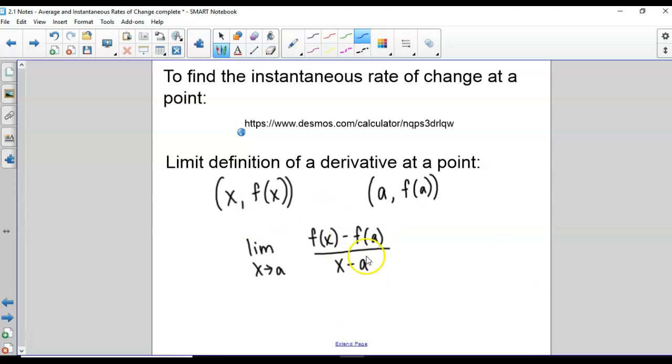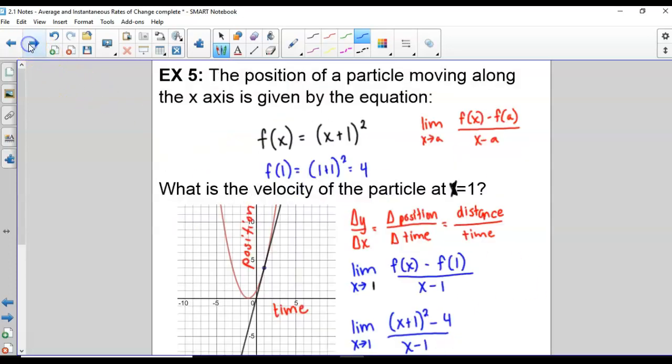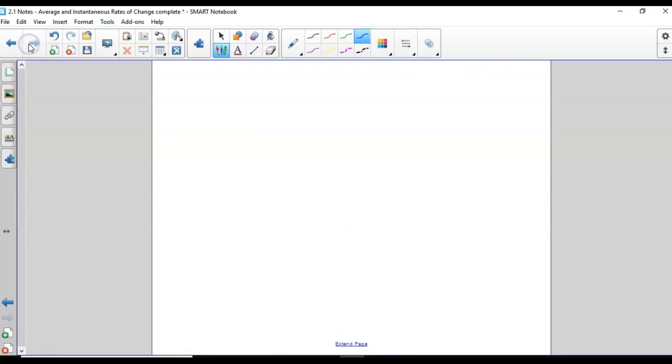But you don't have to write this down necessarily, I just want you to watch. The other limit definition of a derivative was the limit as delta x approaches 0 of f of x plus delta x minus f of x all over delta x.